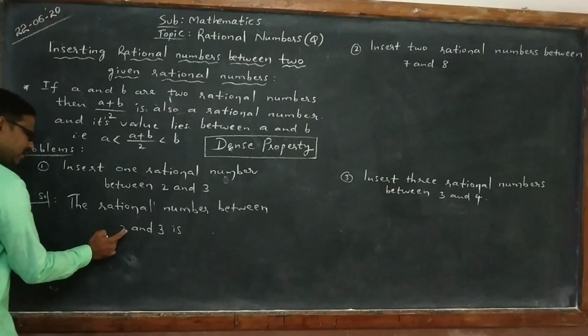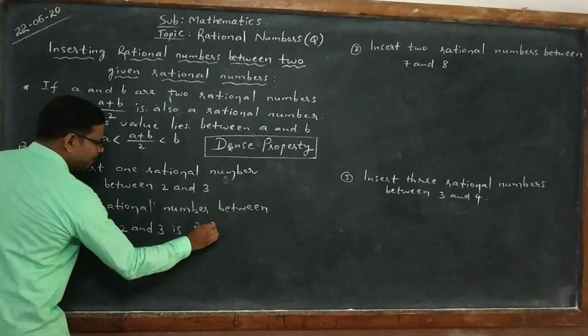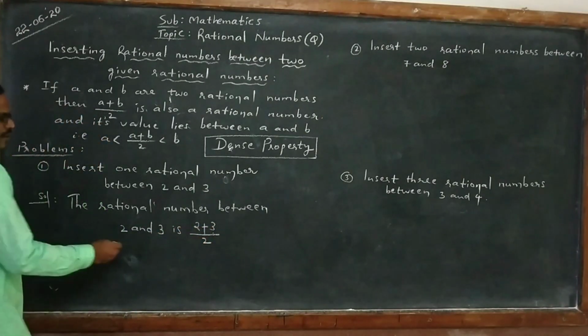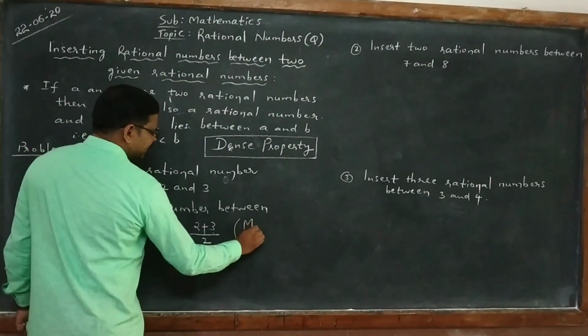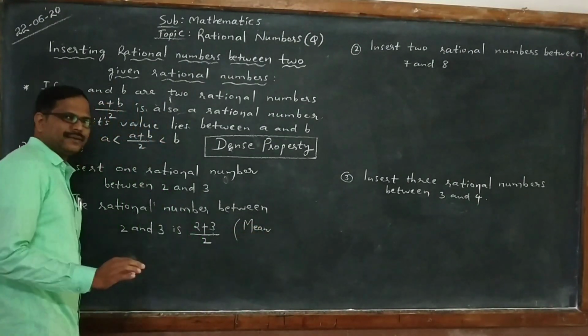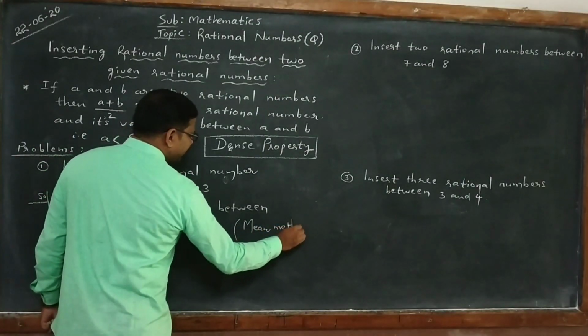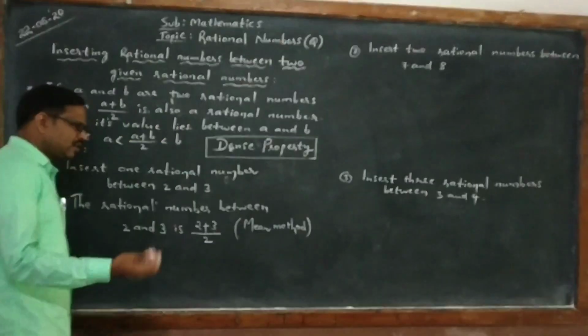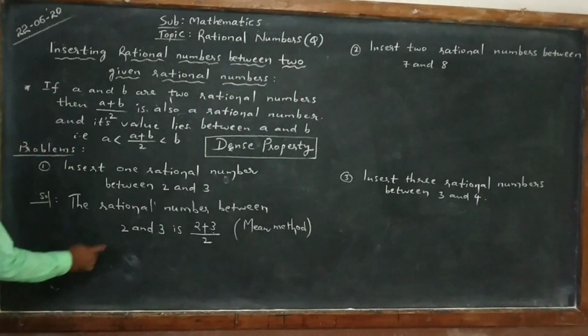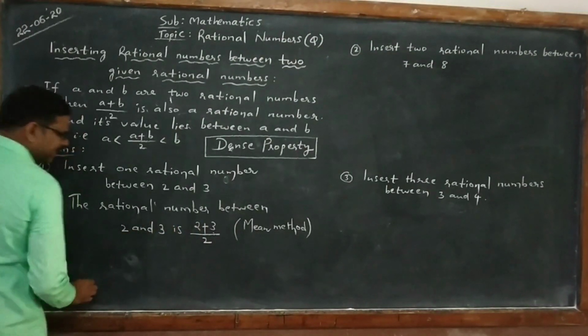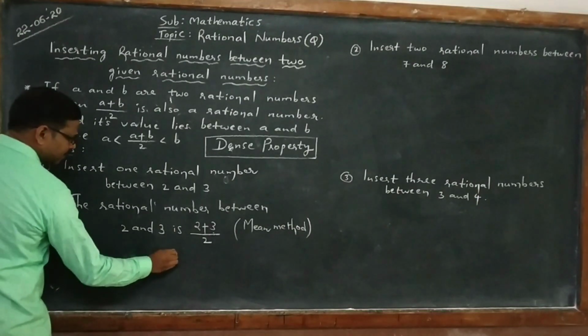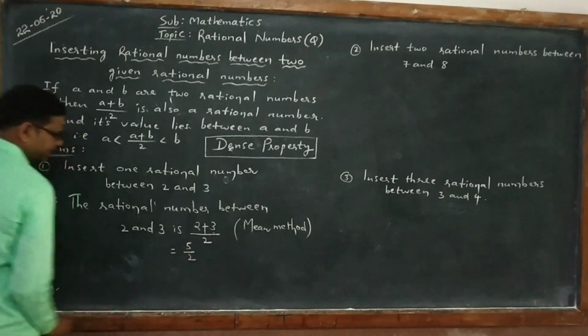So we are given 2 and 3. So can I take (2 plus 3) by 2? This is called the mean method. I am inserting rational numbers between two rational numbers. That method is called the mean method. There is another method also, I will tell you later. So between 2 and 3, I have one rational number, that is 5 by 2.